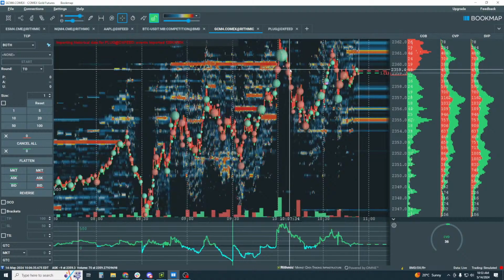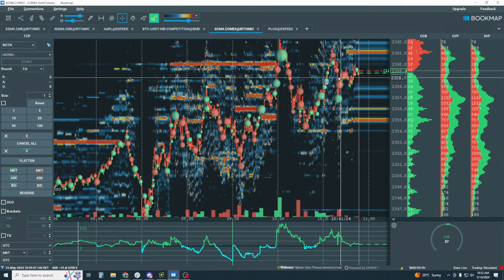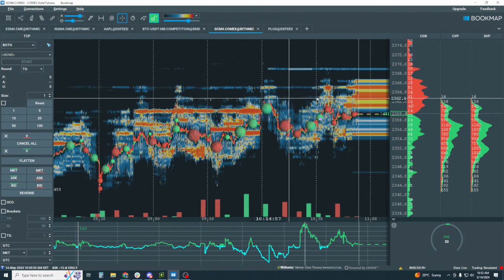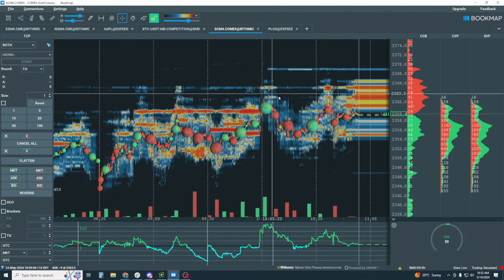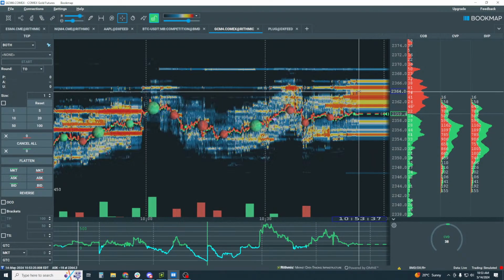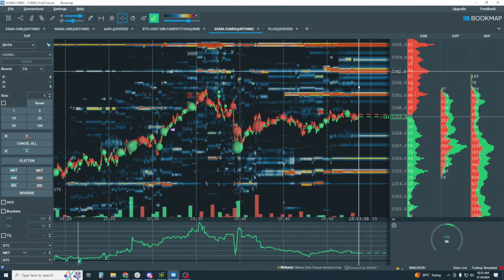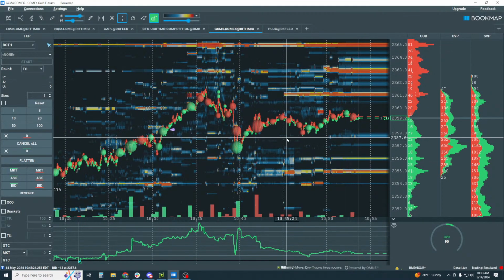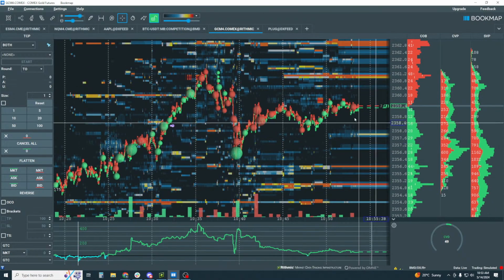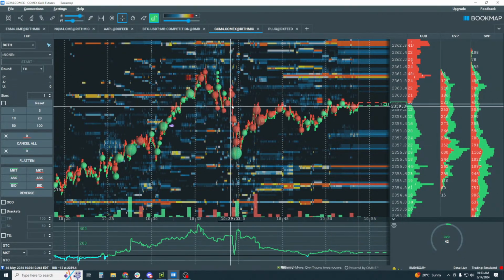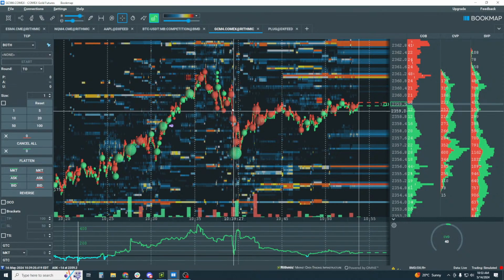What did gold do? Okay, not much. Gold traded up to that 60 level, but it's been really back and forth in here. A lot of liquidity on the offer here: 61, 63, 65. Note the shift here by sellers.